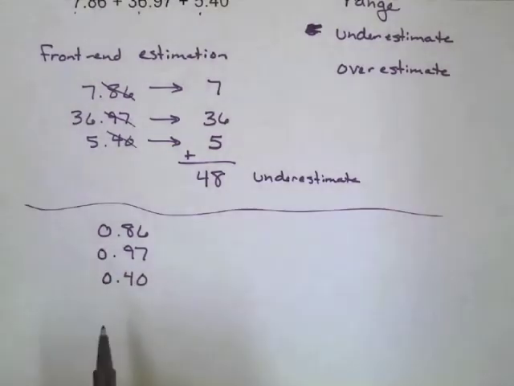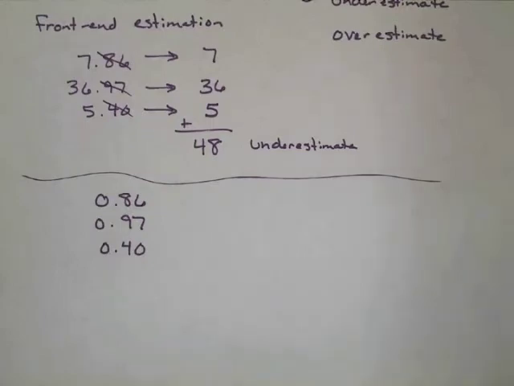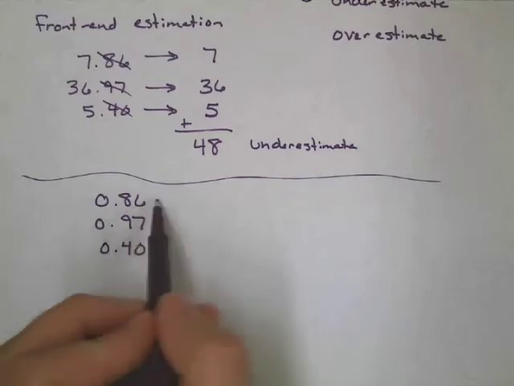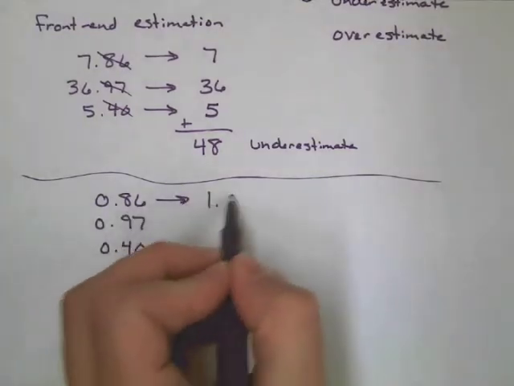And now I want to look at this and think, okay, what can I get it close to? I'm going to try and get it to the nearest whole or the nearest half. So either the nearest whole number or the nearest 5/10ths there. Well, 86 hundredths, that's pretty close to one whole.